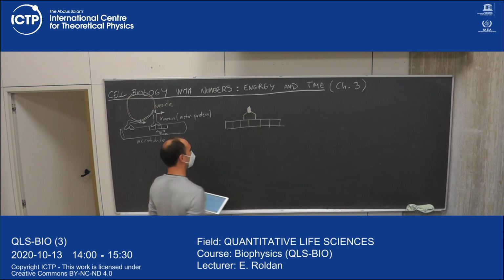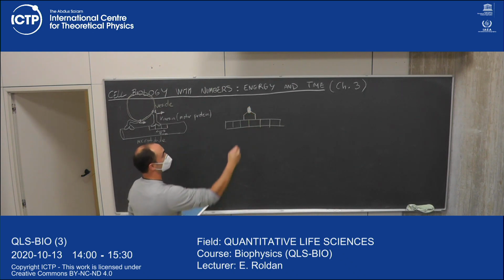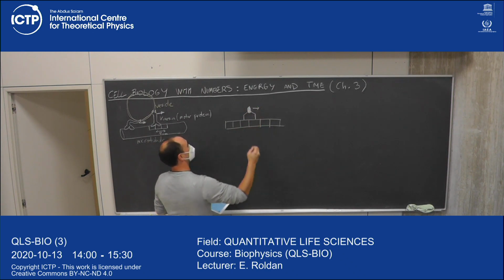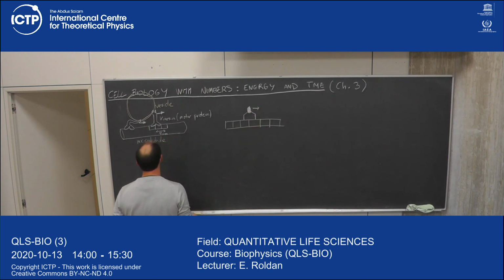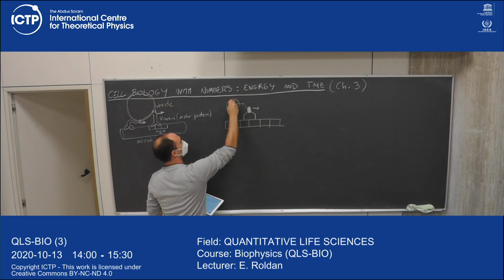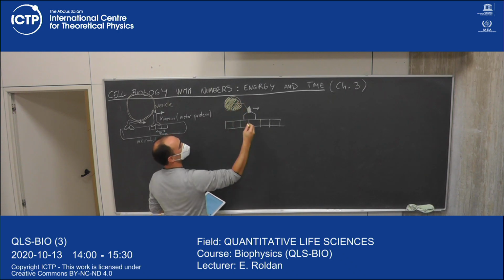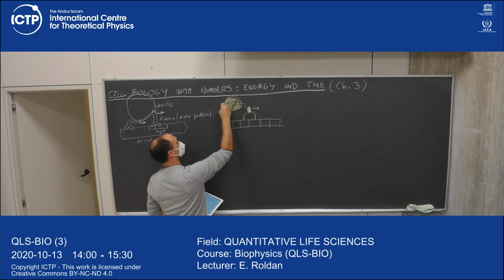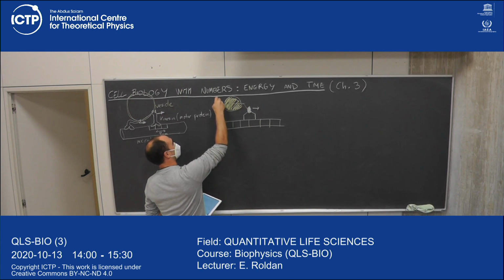These are the legs. The motor moves in a given direction and can transport a vesicle. Usually it's much bigger than the motor itself. The motor is a very strong machine, and this vesicle exerts a force on the motor.